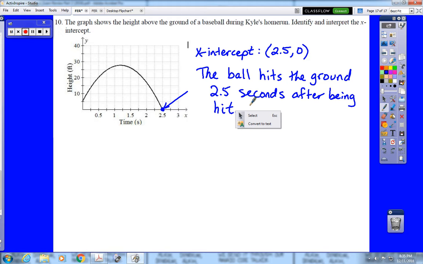And I believe that that will do it. Again, seconds is coming from the units over here on the graph. That should do it. That should be the end of the first 2 pages of the review packet.